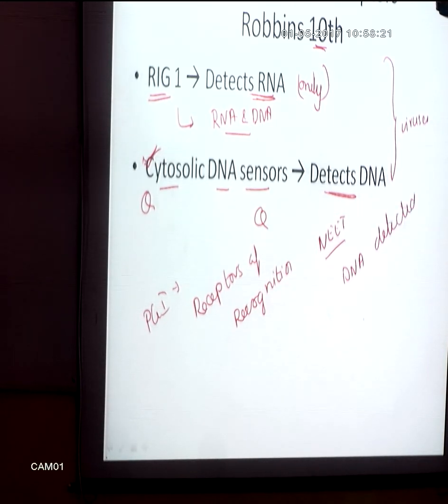That time the answer should be cytosolic DNA sensors and not RIG-like receptors. RIG-like receptors for DNA was an old concept. Okay, two things have been added: MHC chromosome 15, and cytosolic DNA sensors.